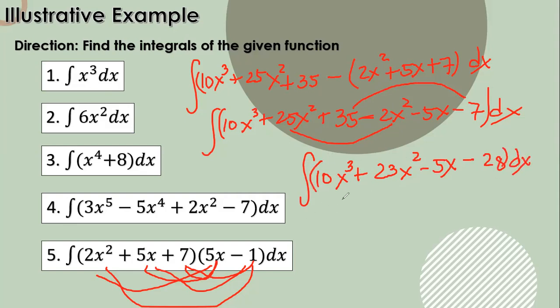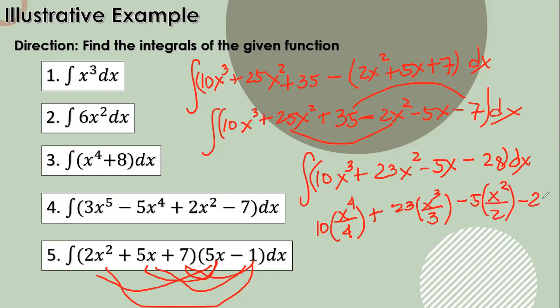Then we can integrate each term. So integrating 10x cubed, that will be equal to 10 multiplied by x to the fourth over 4 plus 23 multiplied by x cubed over 3 minus 5 multiplied by x squared over 2 minus 28x.